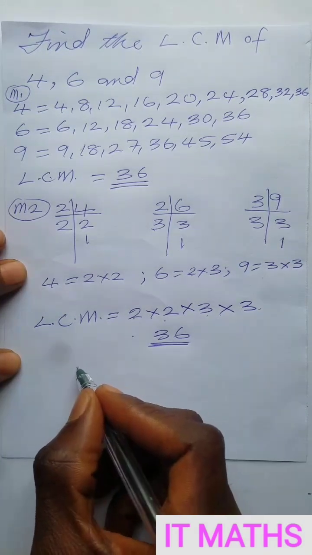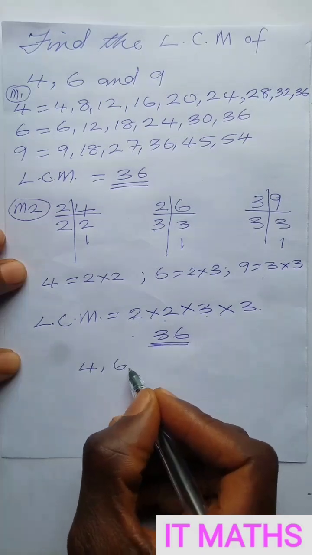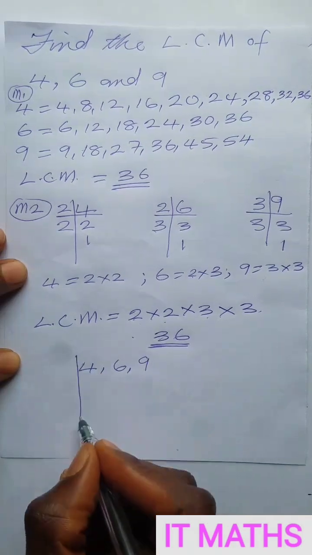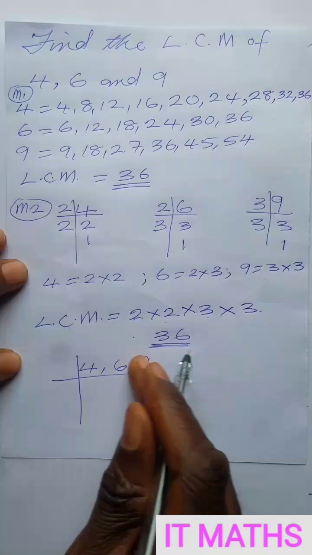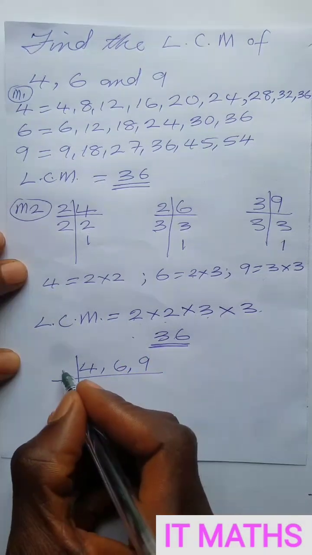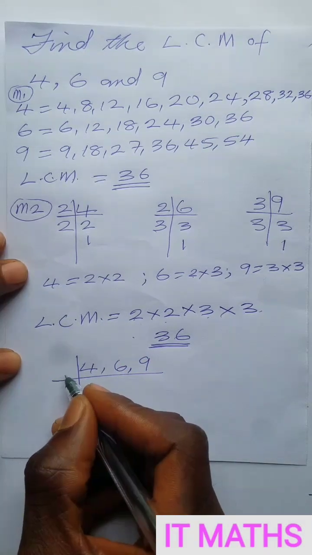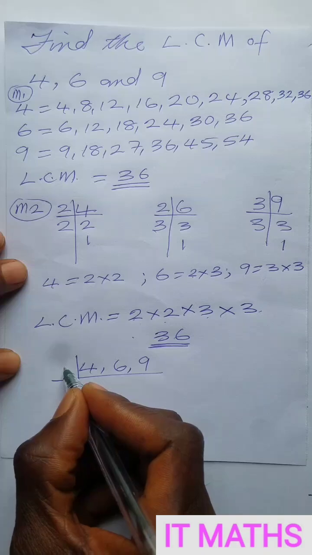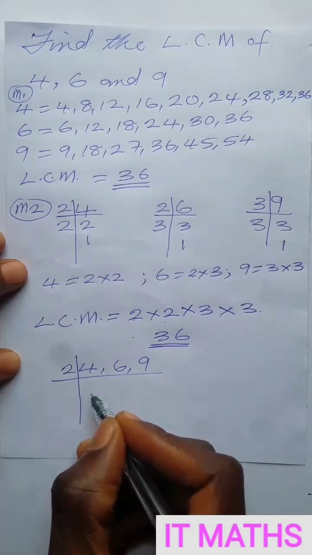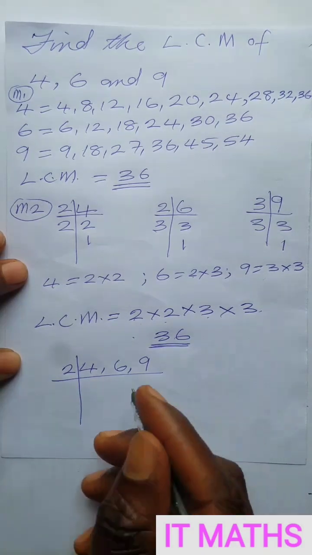And the third method, we don't do them separately, we do them all together, but make sure that we pick prime numbers alone, and then we multiply our answer out at the end.